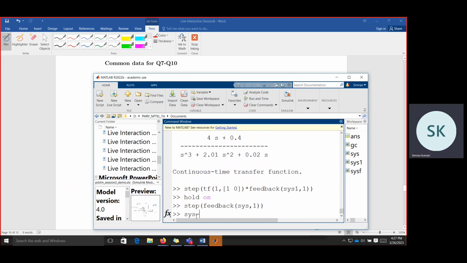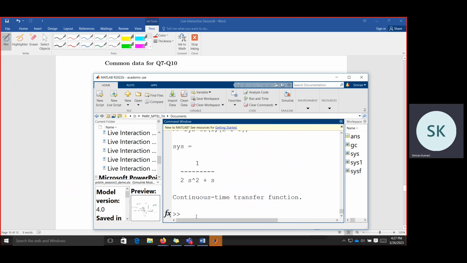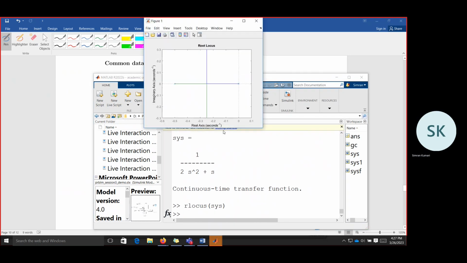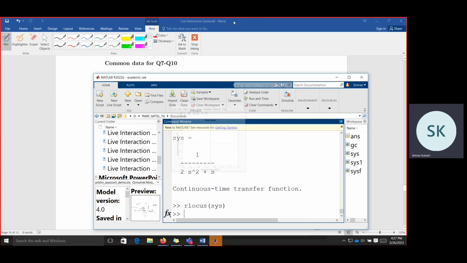So we have the system equal to tf of 1 by 2s square plus s plus 0. So this is the system. We'll plot the root locus of this system. We know this type of plot will be there.